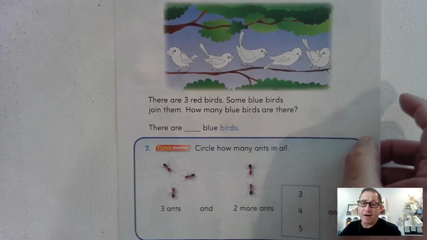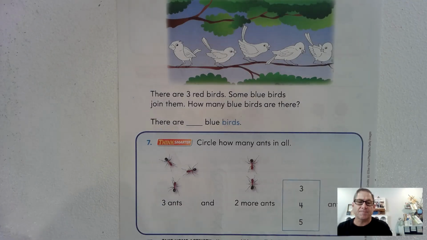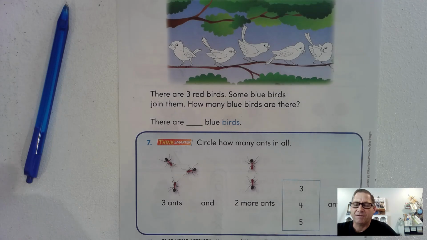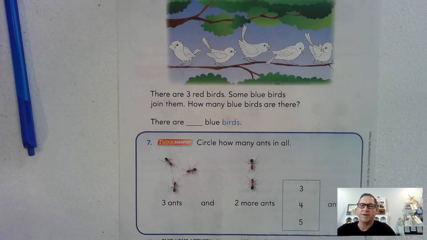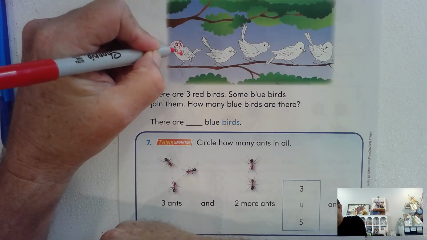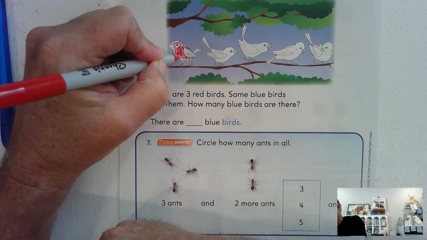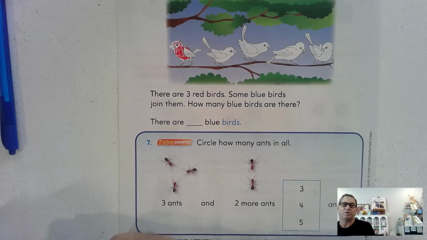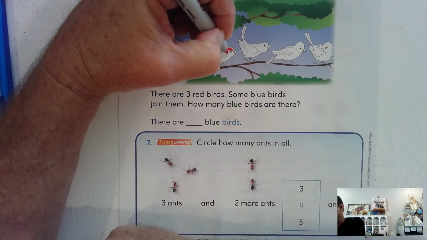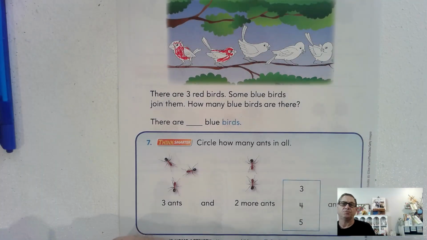All right. So we need a red and blue crayon for this activity. And you don't have to color perfectly on this, okay? There are 3 red birds. So color 3 birds red. 3 birds red. Okay, 1. 2.